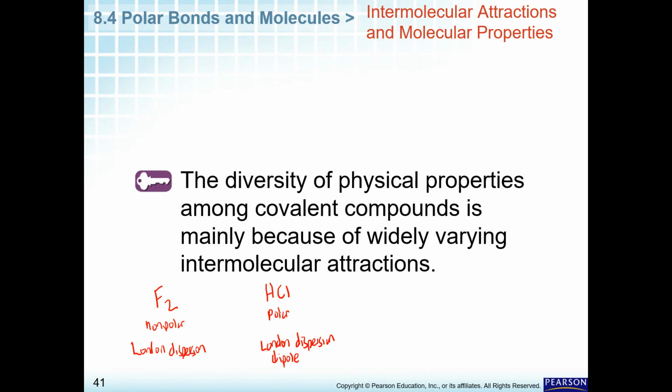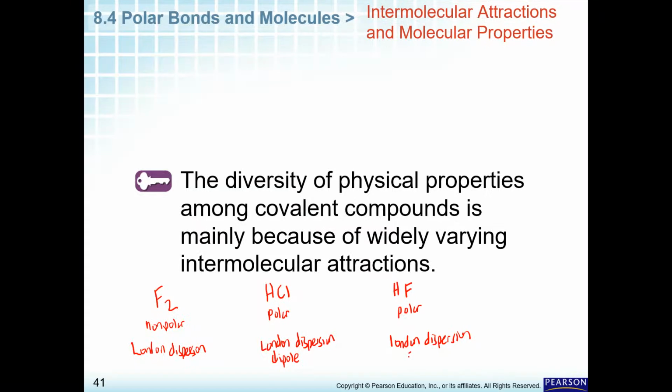Now, HCl is not going to have hydrogen bonding because it's not bonded to a super electronegative atom. It's not bonded to nitrogen, oxygen, or fluorine. Then we have something like HF. HF is a polar molecule. Since it is a molecule, every single molecule is going to have London dispersion forces, always.